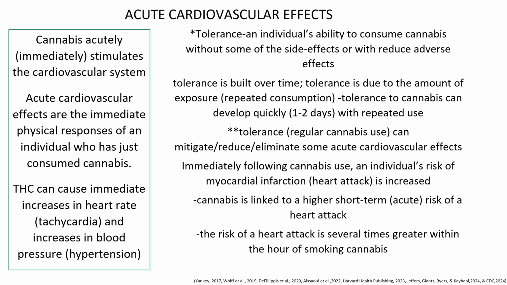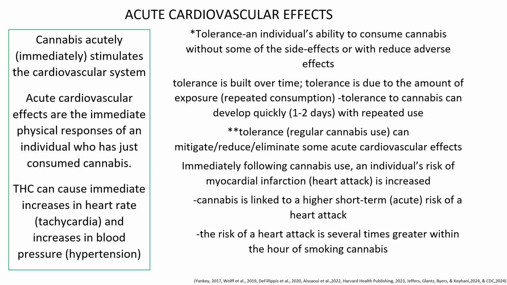Tolerance is built over time. Tolerance is due to the amount of exposure, repeated consumption. Tolerance to cannabis can develop quickly, 1 to 2 days, with repeated use. So regular cannabis use can mitigate, reduce, or eliminate some acute cardiovascular effects.